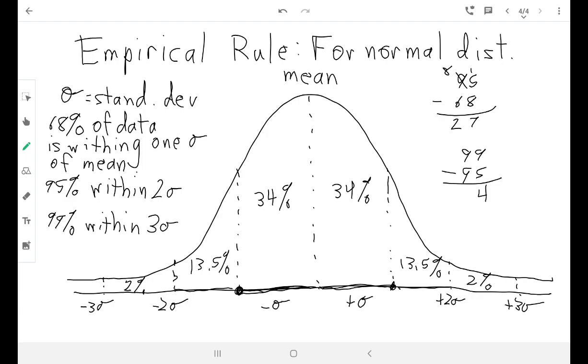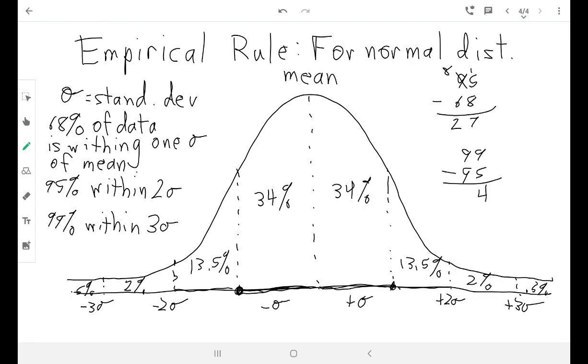And then all the rest of it, that other 1%, is distributed as 0.5% on each side. So this gives you a really good way to break down the percentages of everything going on.